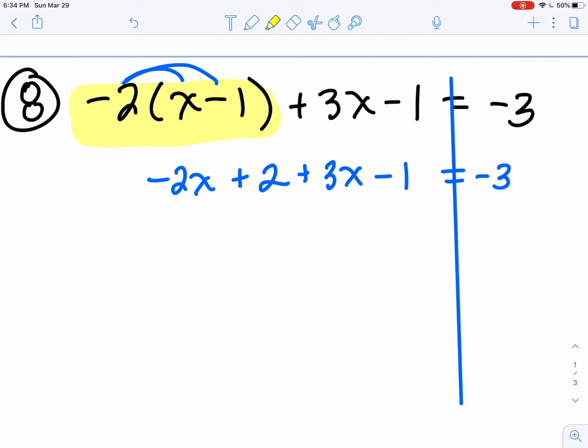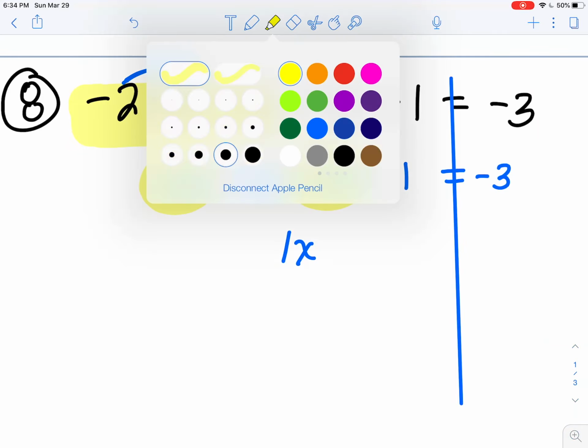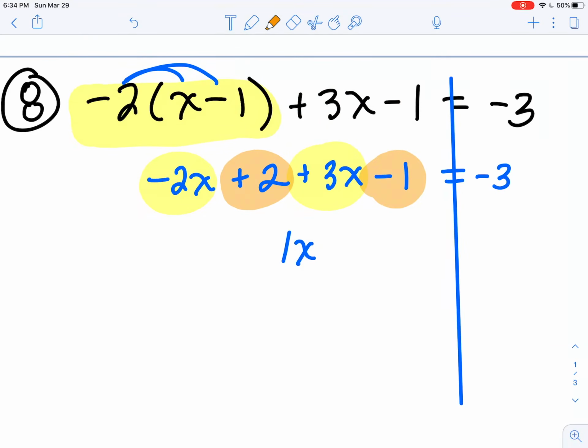Once you distribute, you look for like terms. I see a pair of x's that are on the same side of the line. So negative 2x plus 3x is 1x. I also see numbers that I can combine. So a positive 2 minus 1 is a positive 1.